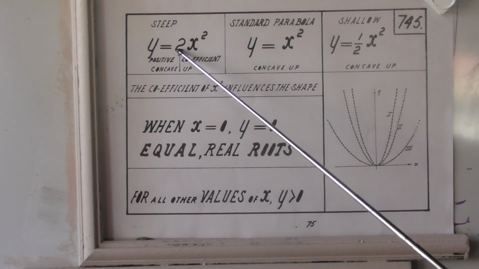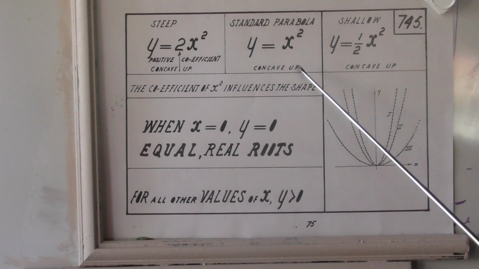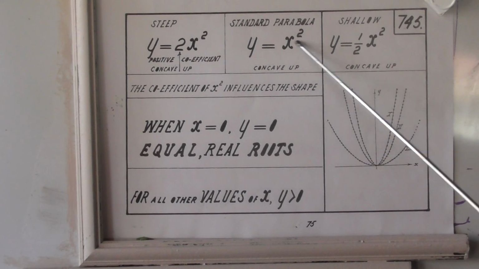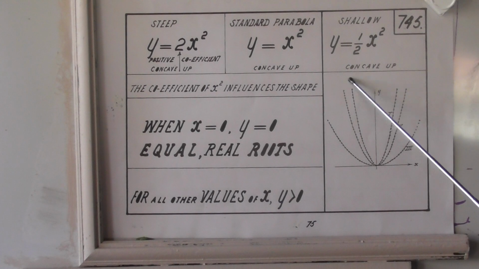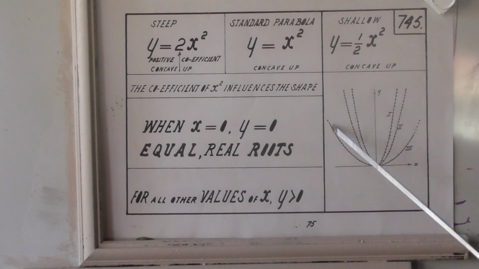Then, if it is bigger than 1, then you know it's sharper. This is the standard one. And if it is smaller than 1, it's positive, it's concave up, but much shallower. It's all in the eye.